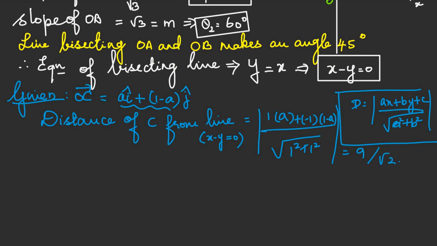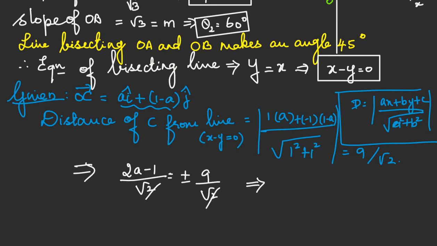Now simplifying this equation, we get modulus of (2A minus 1) is equal to 9. Since the modulus is there, if 2A minus 1 is equal to plus 9, then A is equal to 5.